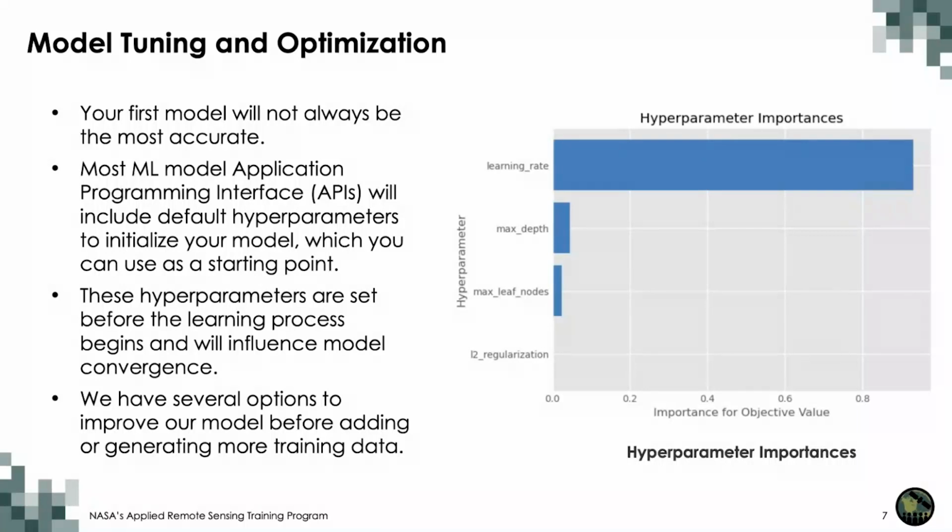In this case, it is an XGBoost algorithm where we have learning rate, max depth, the max number of leaf nodes, and then L2 regularization that we use to avoid overfitting. In the case of our random forest model, instead of having a learning rate and an L2 regularization, our hyperparameters might only be the max depth, the max number of nodes, and the max number of leaf nodes.